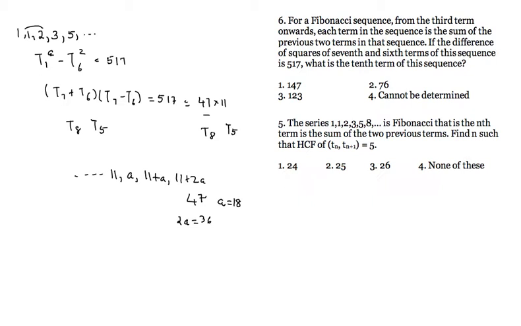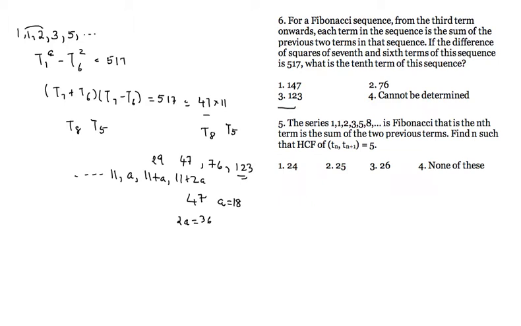Right? So if A is 18, this term is 29. So 29 and 47, your 9th term is going to be 76. And 76 plus 47, your 10th term is going to be 123. So 123 is your answer.